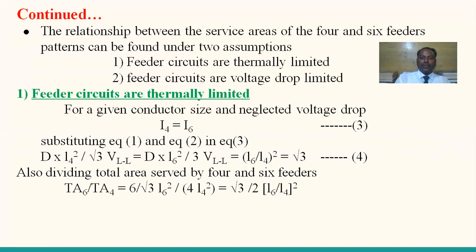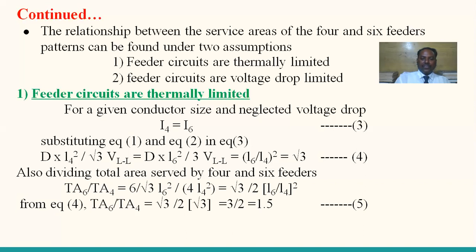Already in equation number 4, L6 by L4 whole square is equal to root 3. Substituting, TA6 by TA4 is equal to root 3 by 2 into root 3, that is 3 by 2, which is 1.5. This is equation number 5.